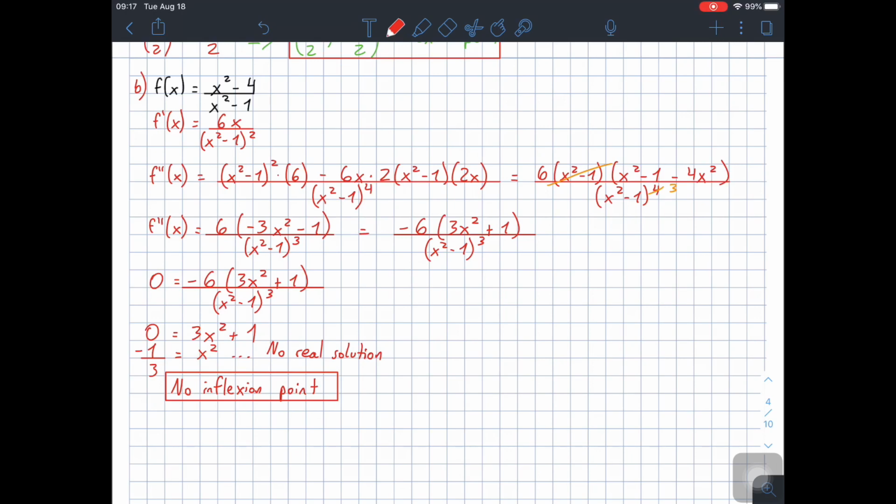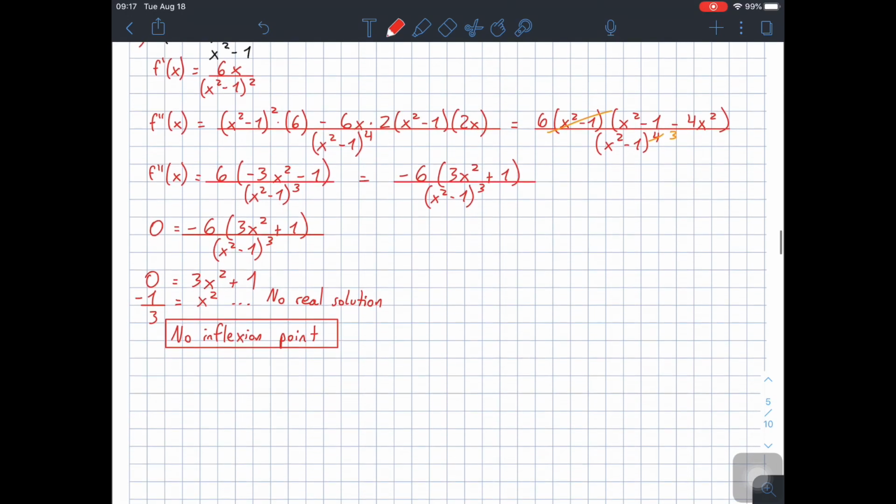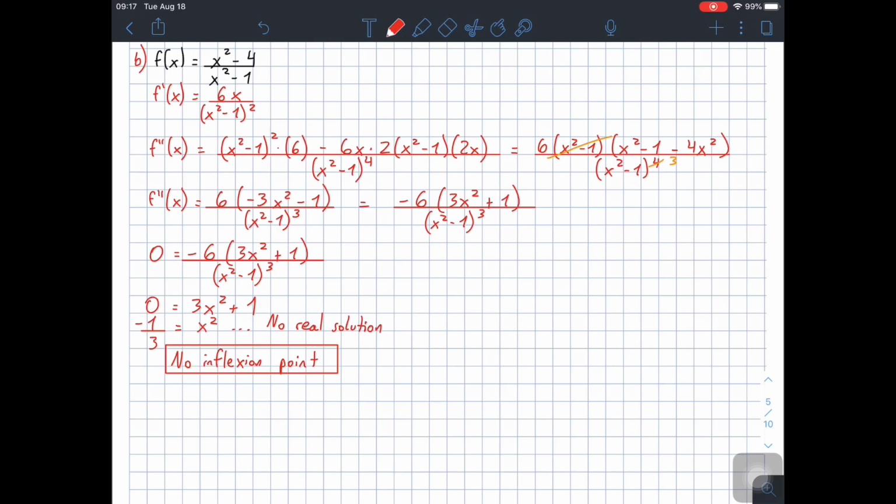So let me write this here. We could say that the second derivative is undefined when we set the denominator to 0, right? When x squared minus 1 cubed is equal to 0, okay?